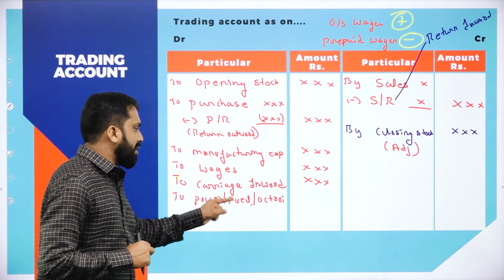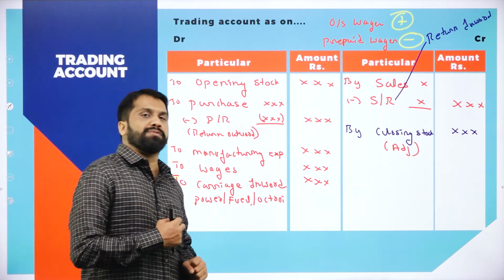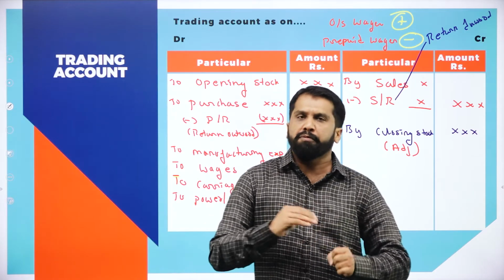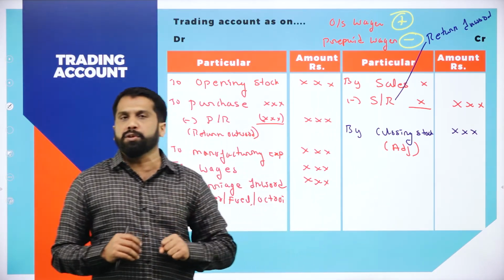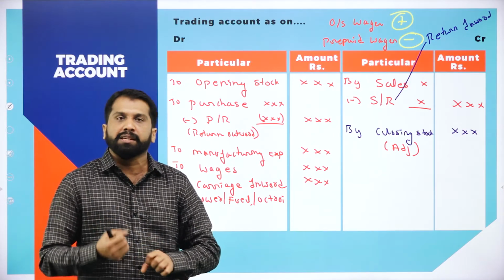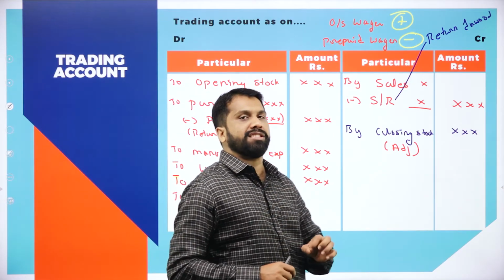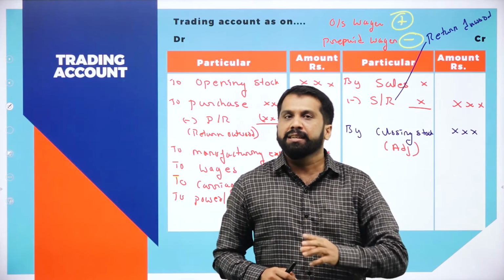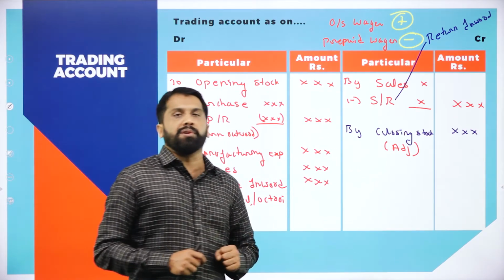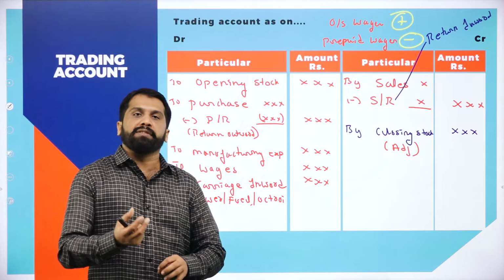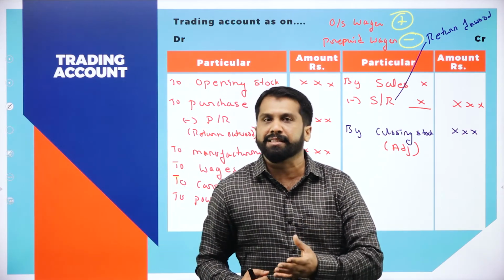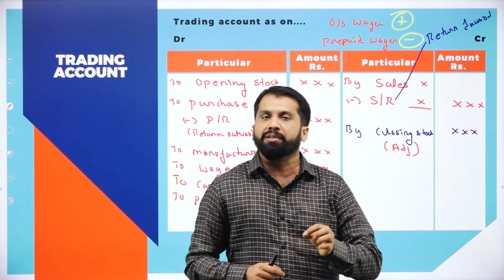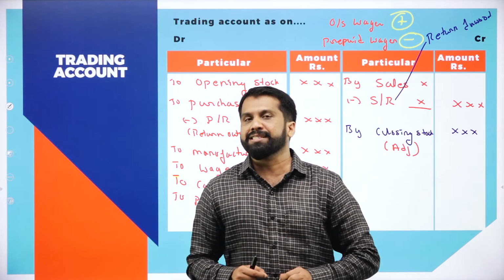What do you mean by octroi? Octroi means, for example, in a few countries or cities, if they want to import or receive goods, that particular city has to pay a certain tax. That is called octroi. It is a part of the tax amount.